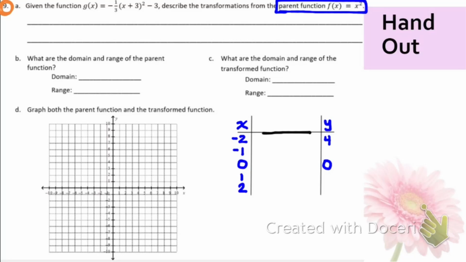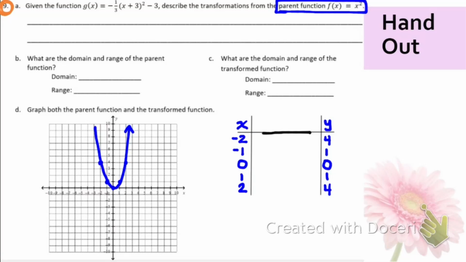Because remember, negative times a negative gives me a positive. And then 1. What happens on the other side of this? 1 and 4, because it reflects. Whatever I have up here, it's going to reflect over my vertex. Let's go plot those points.